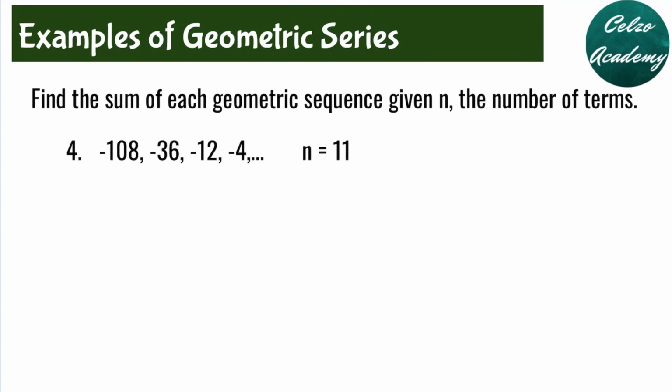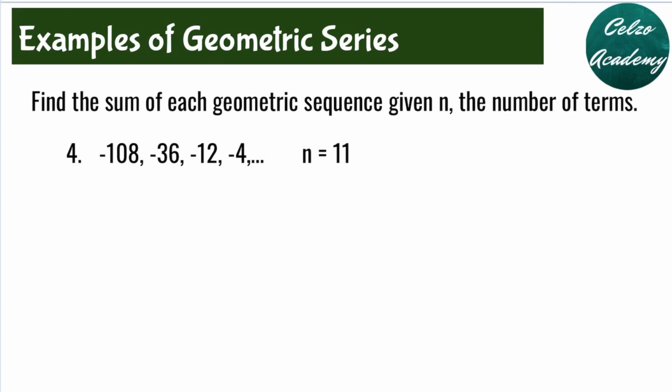Question number 4. Find the sum of the geometric sequence -108, -36, -12, -4 when n is equal to 11. So first we need to find the value of a sub 1, r, and the value of n. In this sequence, the first term is -108 and n is equal to 11.